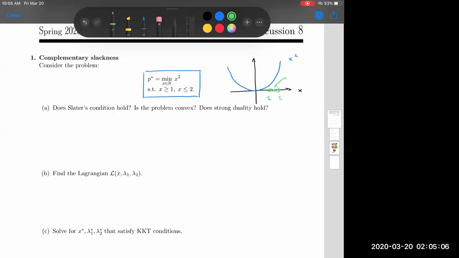Those are feasible points. This is kind of straightforward. What is the solution? The minimization of x squared with x between 1 and 2 is just x star equal to 1.